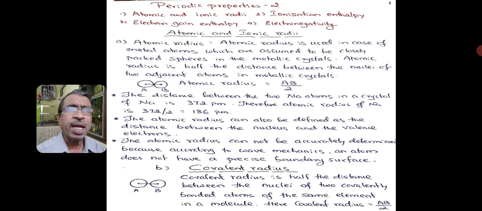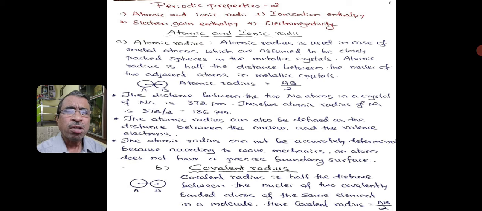Therefore, atomic radius of sodium is 372 divided by 2, that is 186 picometer. The atomic radius can also be defined as the distance between the nucleus and the valence electrons. The atomic radius cannot be accurately determined because according to wave mechanics, an atom does not have a precise boundary surface.